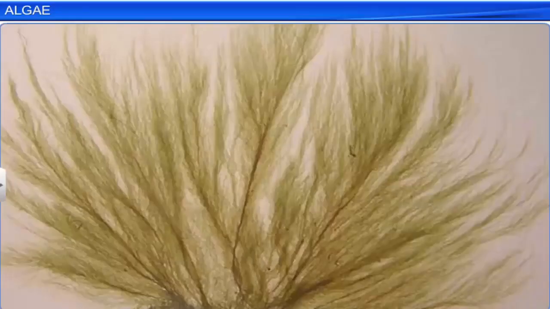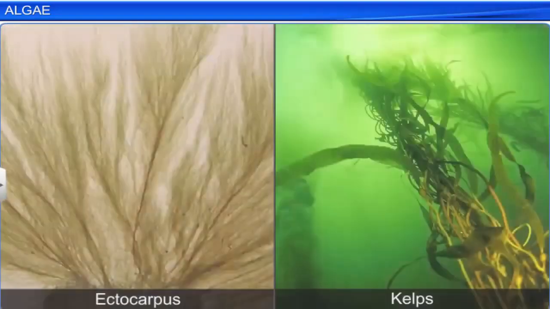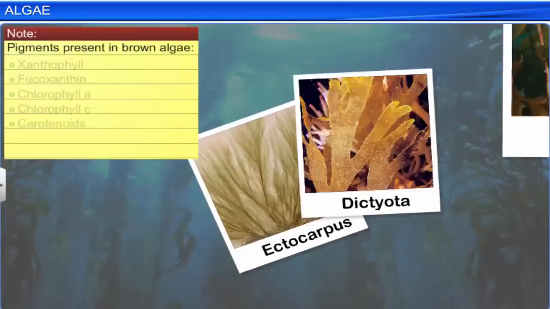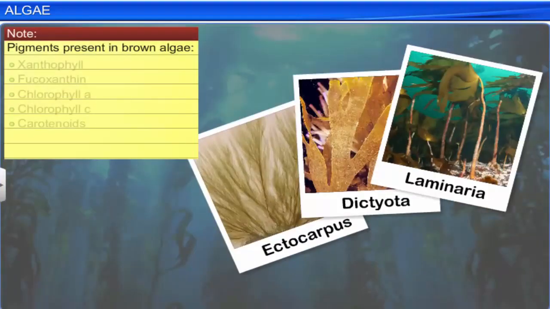For instance, Ectocarpus displays filamentous form, whereas kelps are profusely branched and can measure 100 meters in height. They also vary in color due to the varying concentrations of the pigments xanthophylls and fucoxanthin. Apart from these pigments, chlorophyll A, C, and carotenoids are the other major pigments found in brown algae.